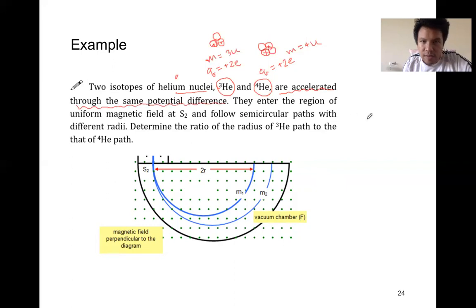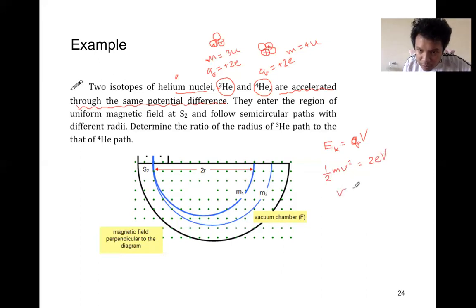Using the potential difference, both of the particles will have kinetic energy of qV. For the kinetic energy, it would be half mv squared, and this would be 2eV.